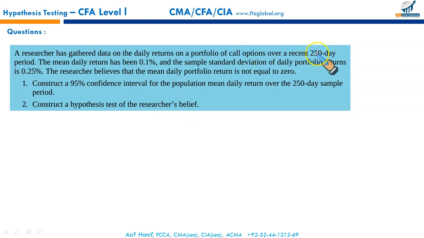Since we have been given a sample size of 250 days, standard deviation 0.25. First we need to calculate the standard error. How do we do that? The standard error of the sample mean is equal to standard deviation divided by the square root of the size of the sample.